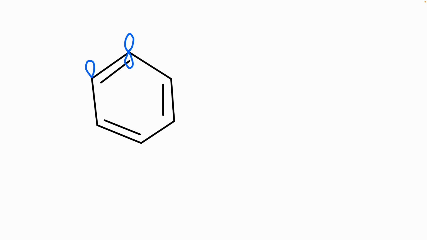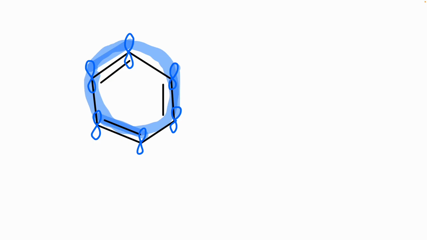Each one of these has p orbitals, and these p orbitals are overlapping to form that pi bond. But now all of your neighboring carbons have those p orbitals. They've all got those pairs of electrons forming those pi bonds. And instead of remaining in place, those electrons are going to delocalize into those other p orbitals.